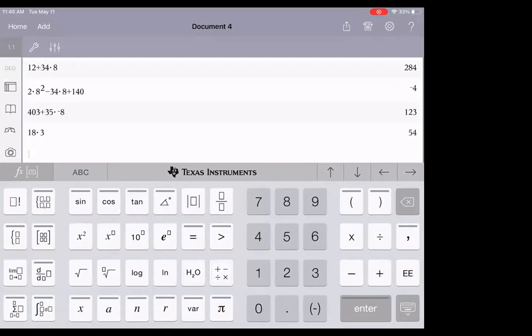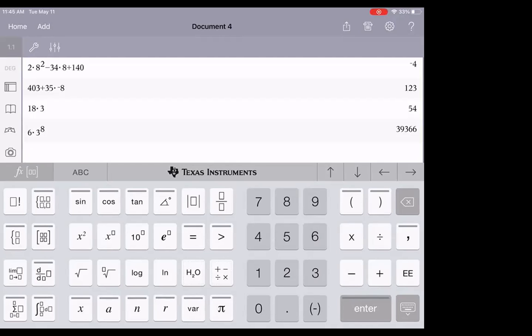It wouldn't have mattered either way. 6 times, I'm really messing up here. 6 times 3 to the 8th. There we go. And that's a pretty big number. Okay, so that grows real quickly.